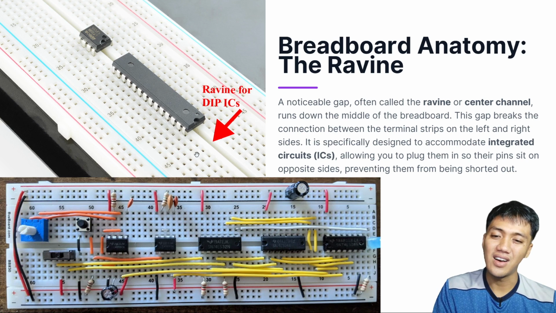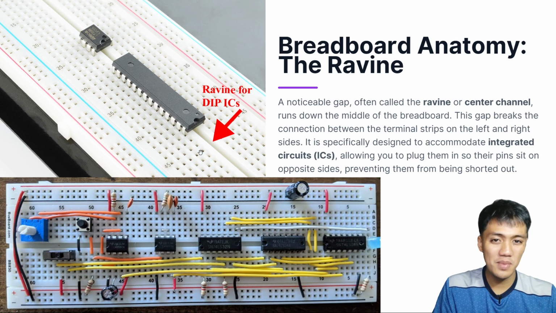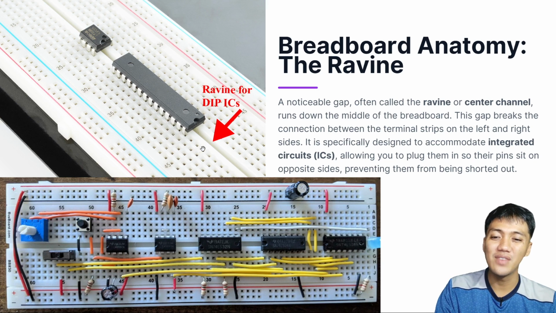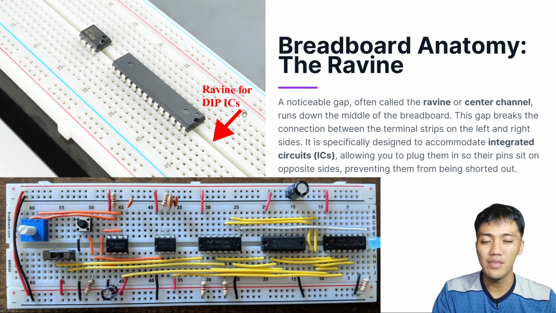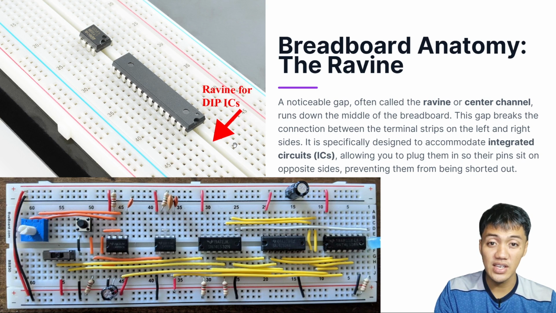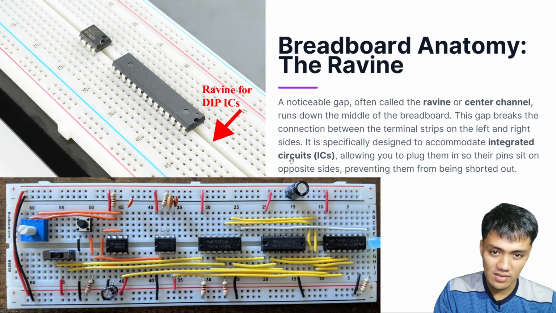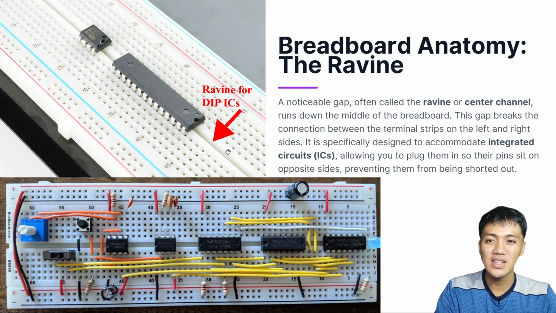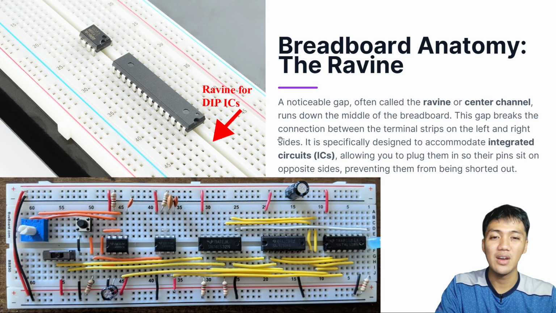and our ravine is spaced perfectly so that one set of legs, component legs of our integrated circuit will fit one set of holes in the left component rail, and the other set of legs can fit perfectly to our other set of holes in the right component rails.